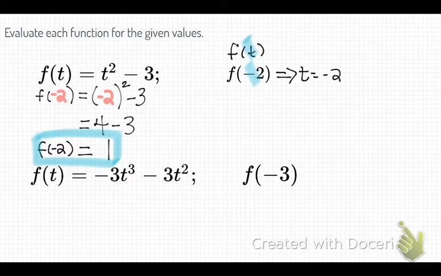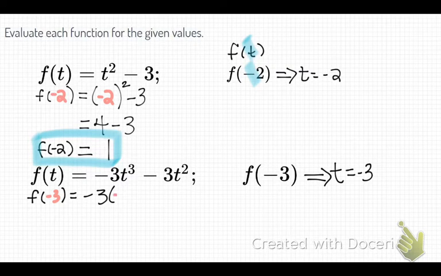Now let's look at the second one. I have f of t equals negative 3t cubed minus 3t squared, and it says find f of negative 3. What do I do in this one? I have t equals negative 3. So f of negative 3 equals negative 3 times negative 3 quantity cubed minus 3 times negative 3 quantity squared.